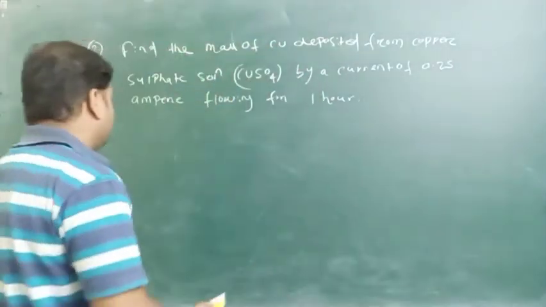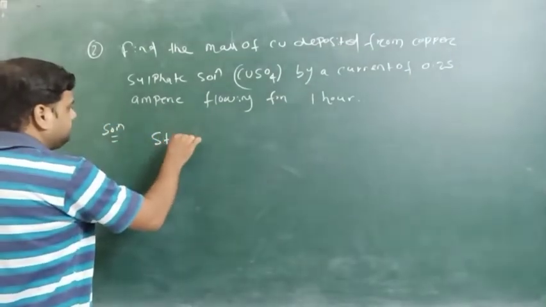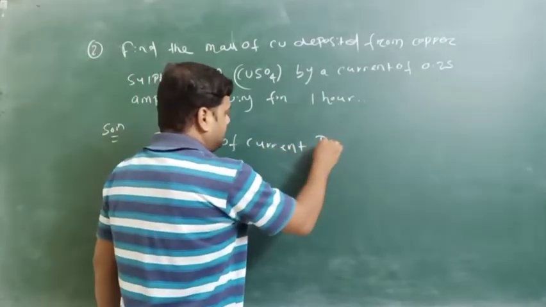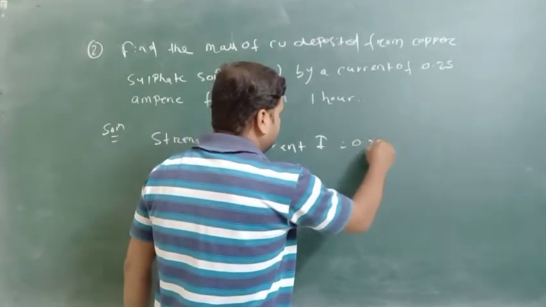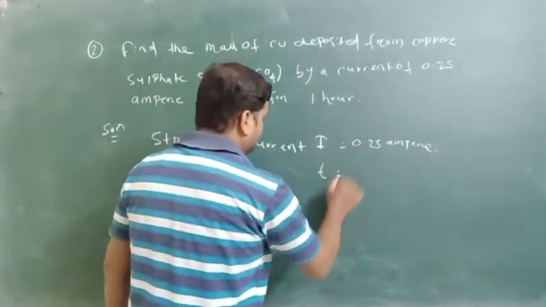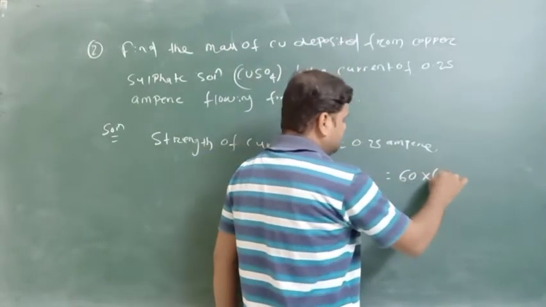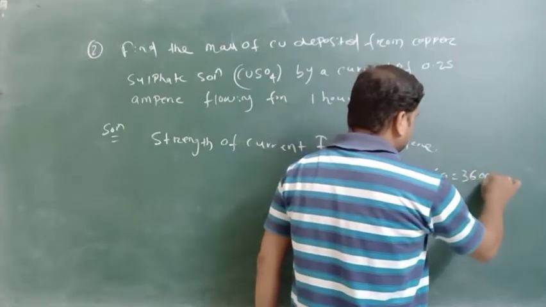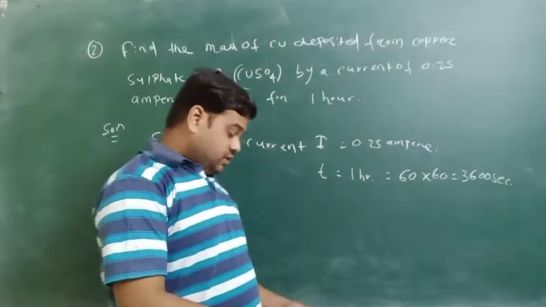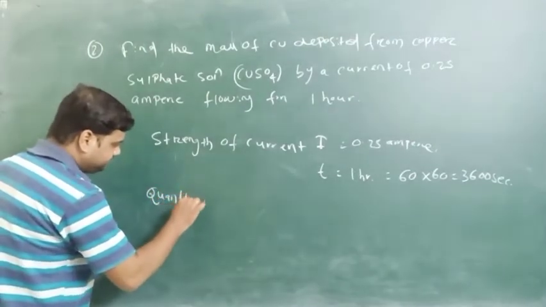So the strength of current I equals 0.25 ampere, and here t equals 1 hour. 1 hour equals 60 into 60 equals 3600 seconds.